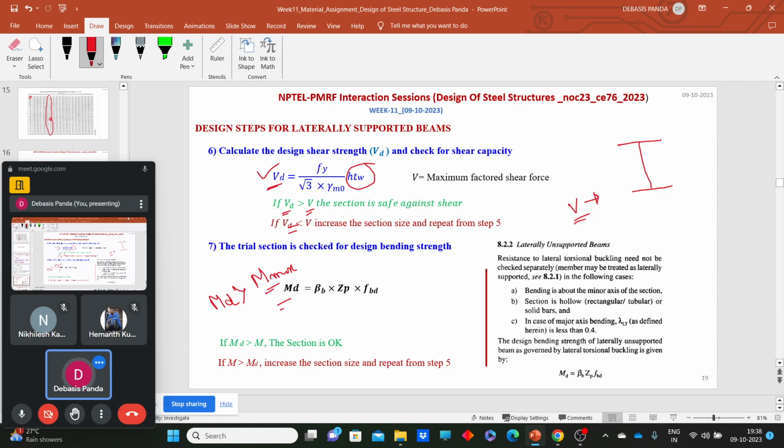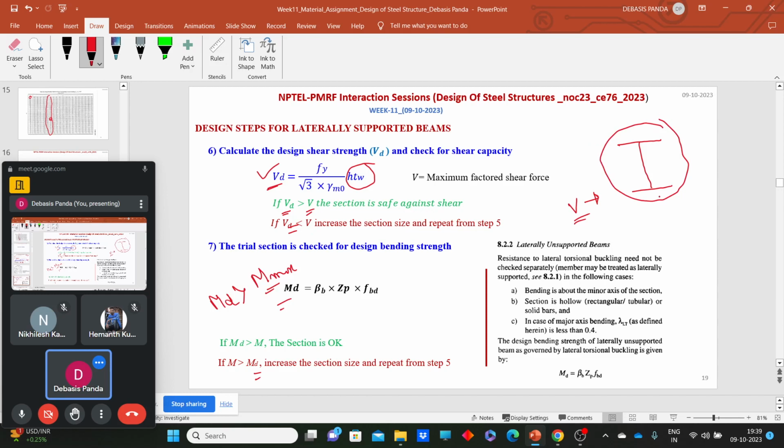Otherwise, if your factored bending moment is more than the design bending moment, then again we need to look for a section with higher plastic sectional modulus and repeat the steps. So if step number 6 and step number 7 are satisfied, then the selection of section is done.